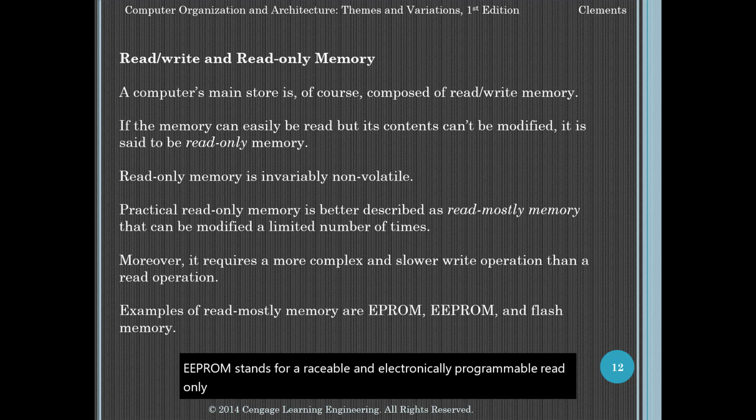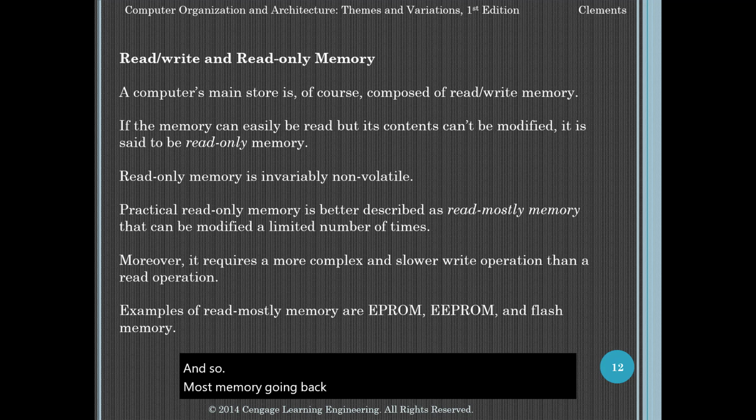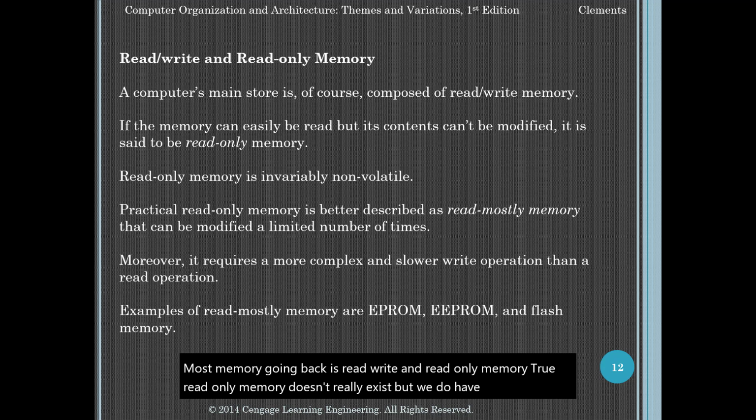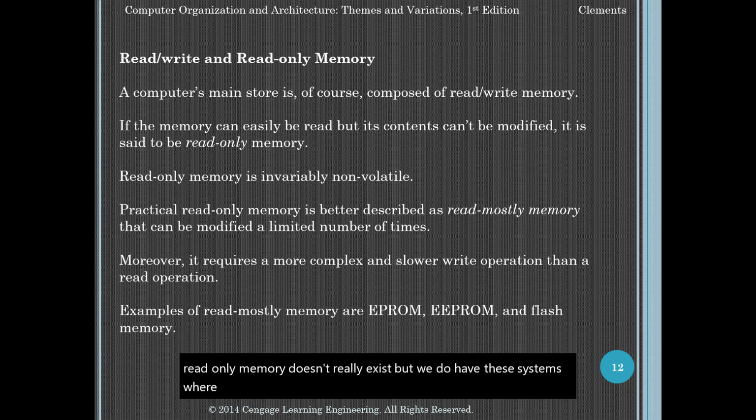And so most memory is read-write, and true read-only memory doesn't really exist. But we do have these systems where something was written to this little bit of memory, we use it for a specific purpose, but we never change or really modify anything on there, or maybe only do so sparingly or a certain number of times.